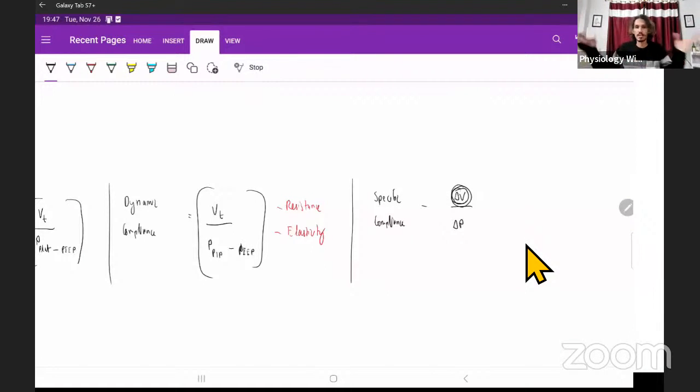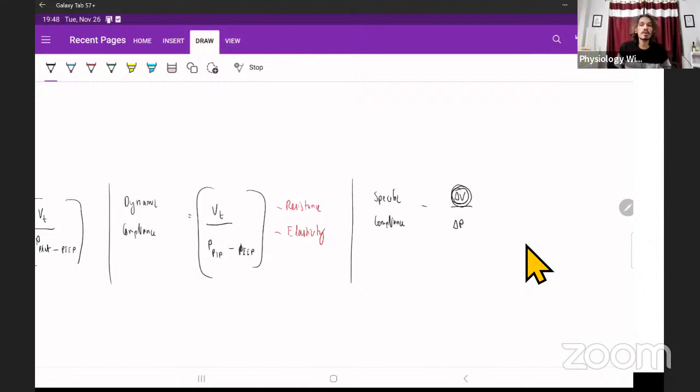Or you take an adult only. One adult who has two lungs, another adult who has part of his lungs gone. There's no problem in his compliance. Compliance is the same for the lung. The normal lung is working well, the other lung is gone. But now when you measure the delta V, the volume is less because he is only using one lung. The other person is using two lungs.